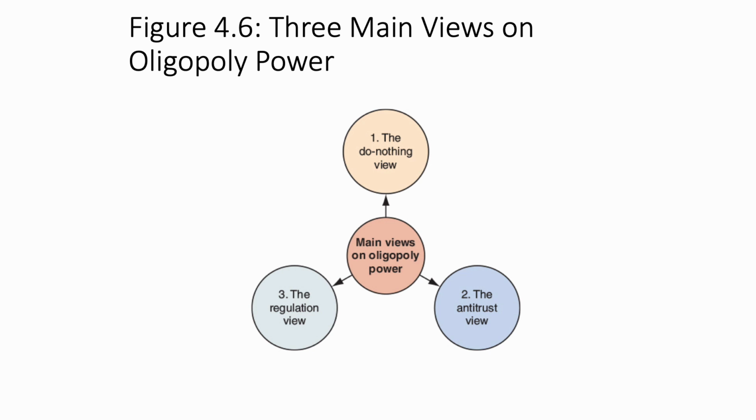The third option, the regulation point of view, says, well, there are some good things that can happen for oligopoly powers. They can have economies of scale that brings down prices to some extent. But then what we need to do in the regulation point of view is government needs to step in to regulate it.